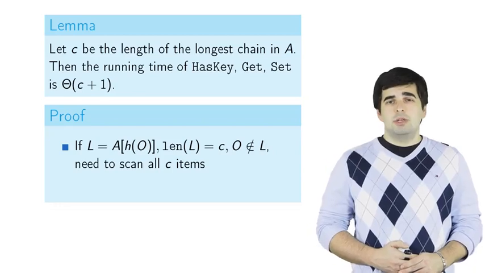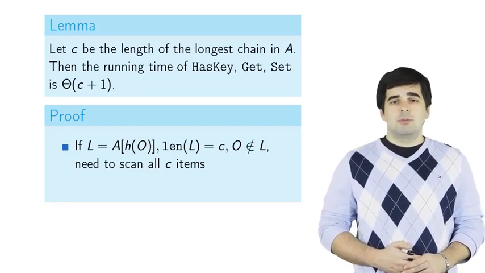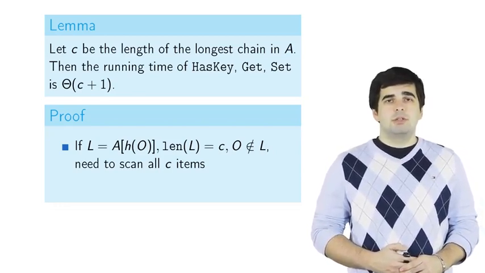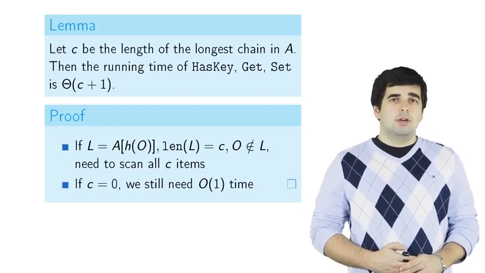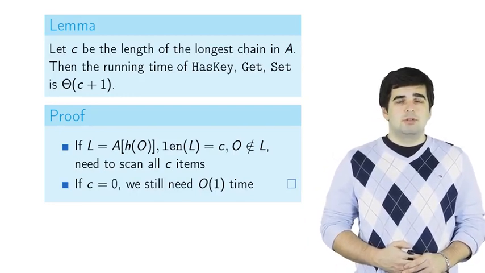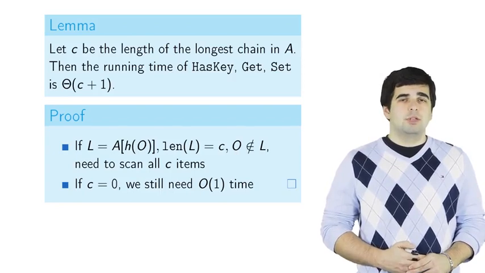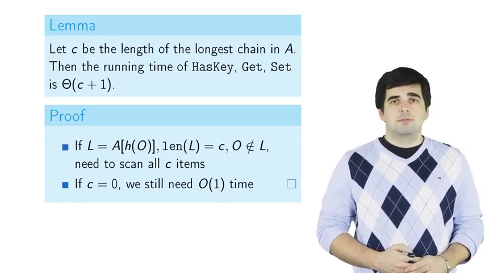And if object O is not in this list and we call some of the methods for this object, we will need to scan the full list. So we'll need to scan all C items in this list. Also, if C is 0, so that our map is empty, our array A is comprised of m empty lists, we still need constant time to check that. So that's why C+1 and not just C.